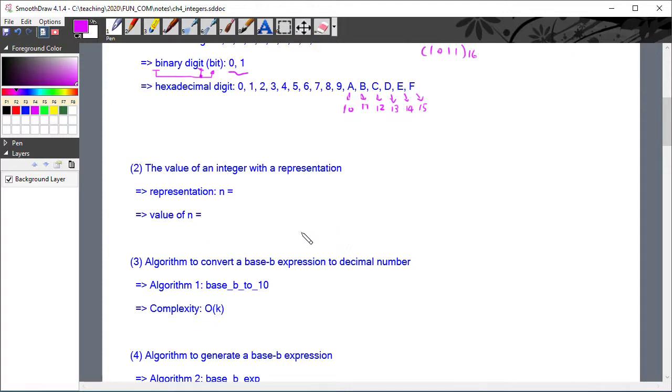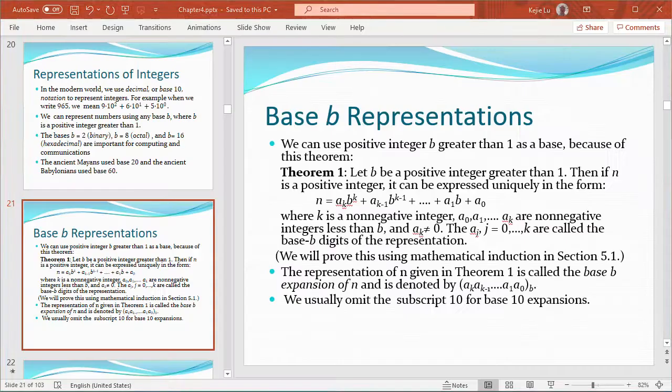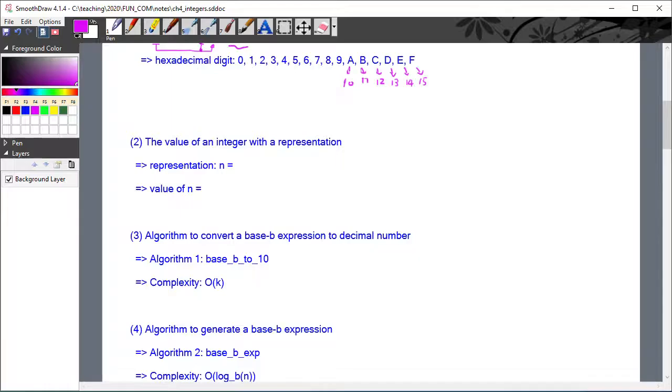All right, in the lecture slides, the next issue is how to calculate and understand this value. There is a theorem for that. Let me again write this expression to represent this n. Let's say we have a_{k-1}, a_{k-2}, to a_1 and a_0, a total of k digits, base b.